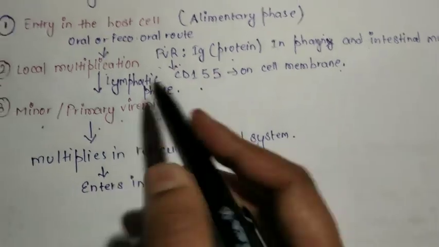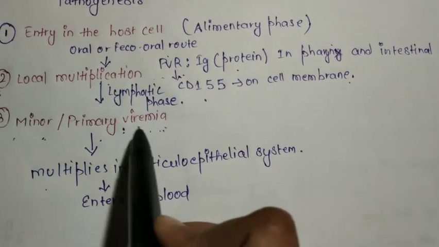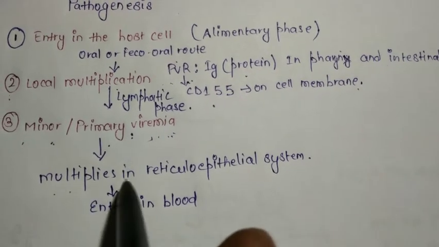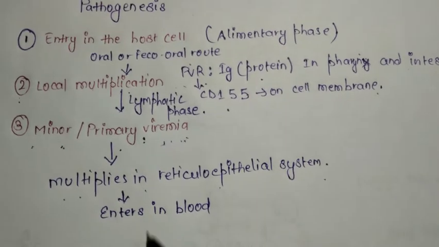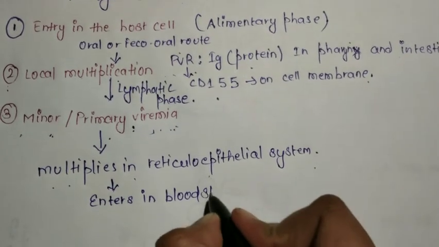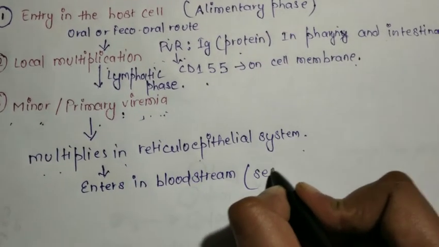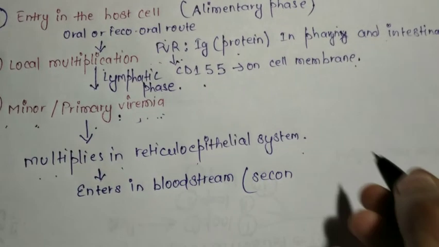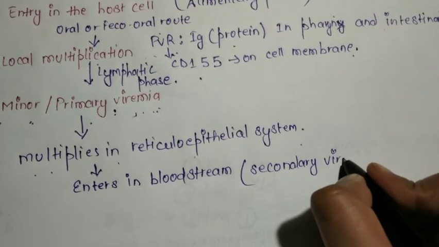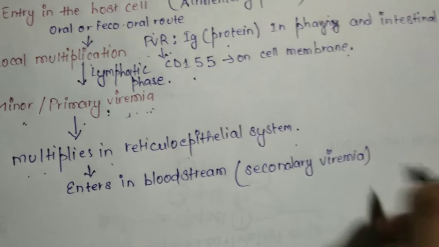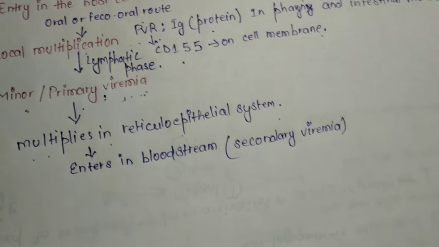After the primary viremia, they multiply in the reticuloendothelial system and again enter into the bloodstream, and this is known as the secondary viremia.